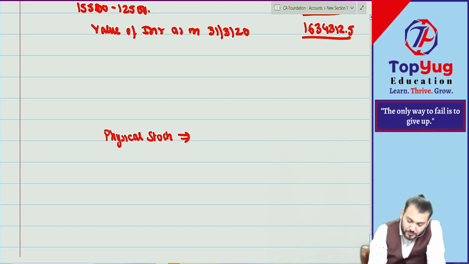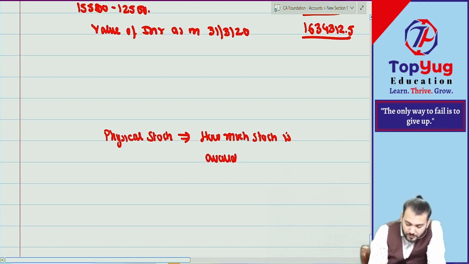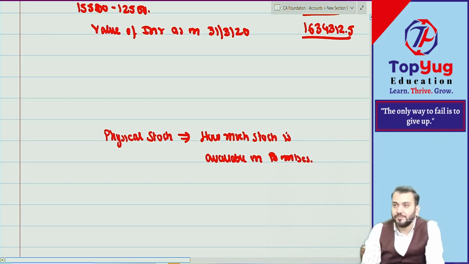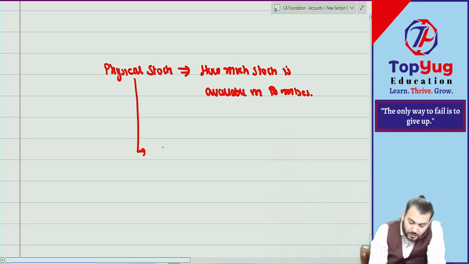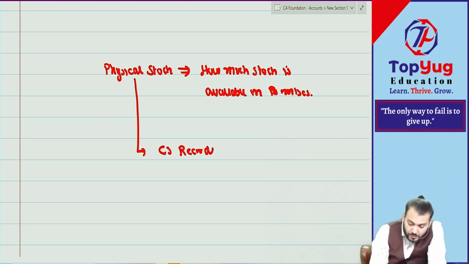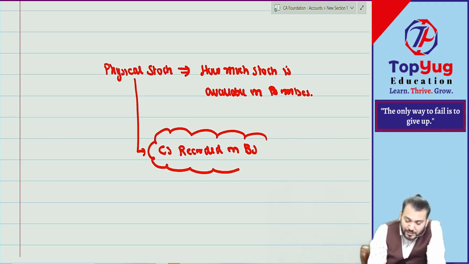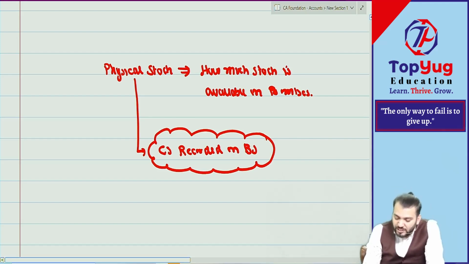Physical stock means how much stock is available in the premises, correct? But this is not the closing stock recorded in the balance sheet. The closing stock recorded in the balance sheet might be different. Just try to understand what I am saying.